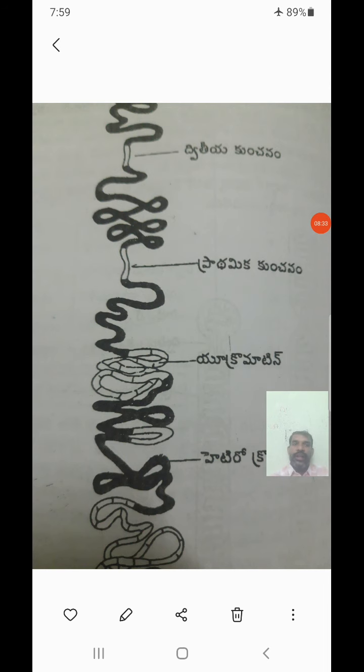What are euchromatin and heterochromatin? Euchromatin absorbs little color and is very active in nature. Heterochromatin absorbs more color, and the genes in the region of heterochromatin are not that active when compared with euchromatin.